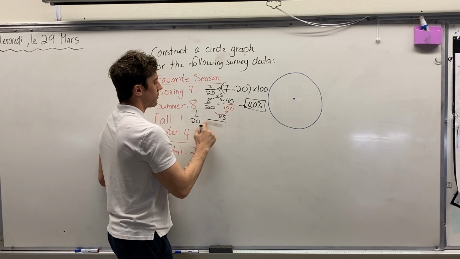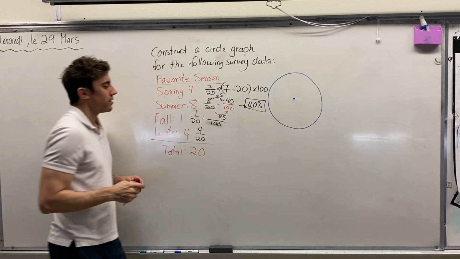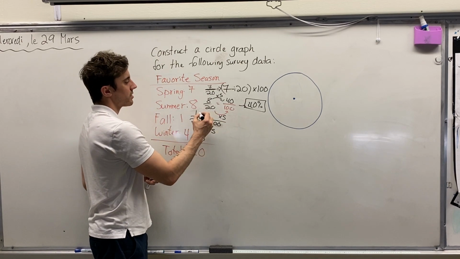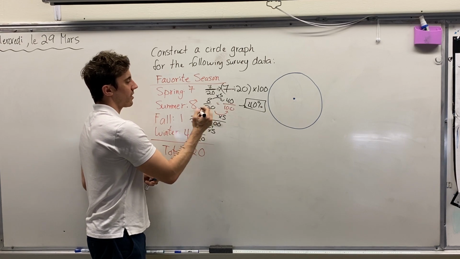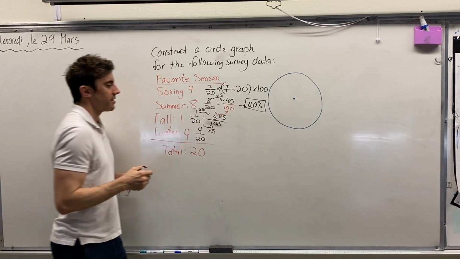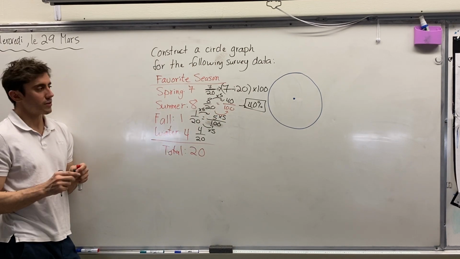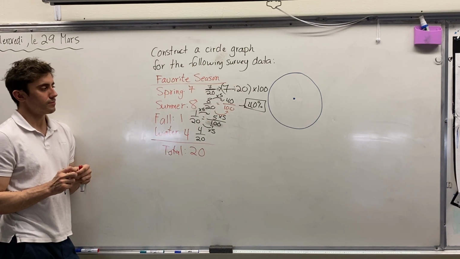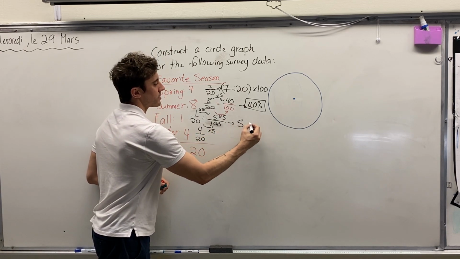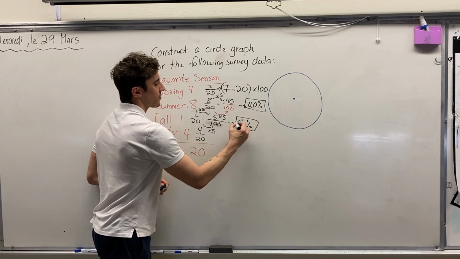I'm gonna write that a little bit nicer. 100, and so again, 20 times 5 brings us there. And so 1 times 5 in the numerator tells us that fall gets 5 out of every 100 votes if this were to scale upwards. And so 5/100 again converts naturally into a percent as 5%.